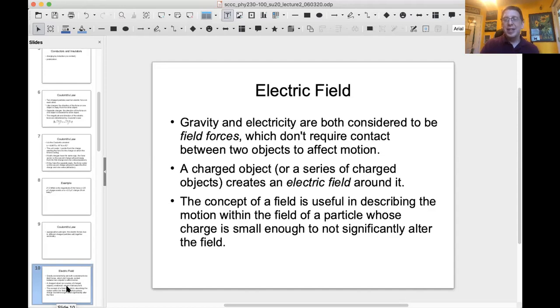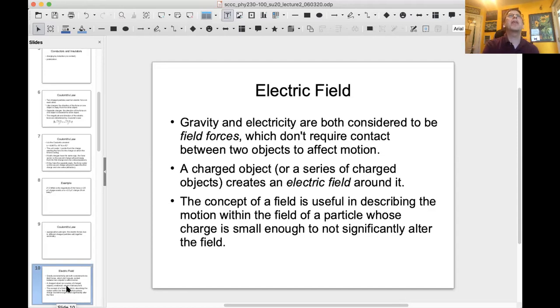Plus, another important difference: gravity is universally attractive. The electric force is not universally attractive. It's attractive some of the time, it's repulsive some of the time.